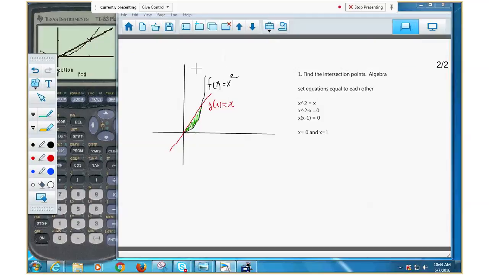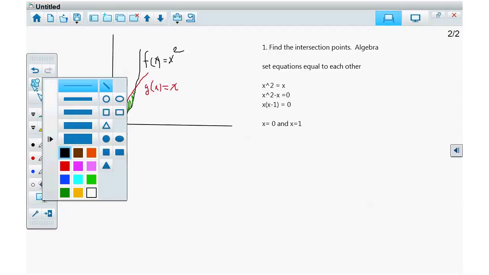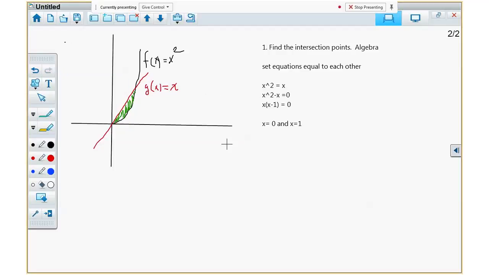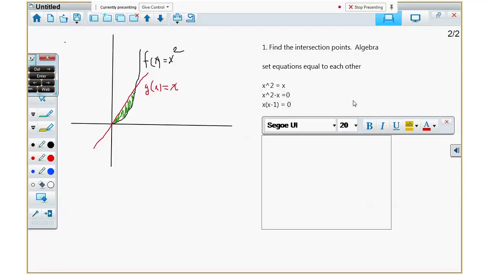So, we've got this guy. And now we've done the first part. Now what's the second part? Well, plug and chug into the formula for number 2.